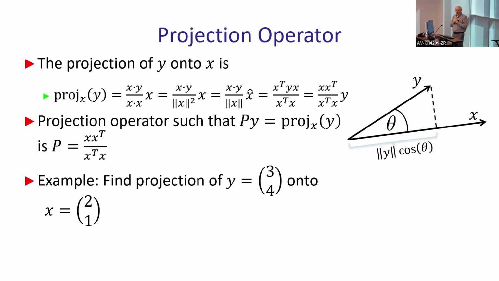You have the associativity rule for that kind of thing. And this is what you will get. So why is this important? Because now I can write the projection operator. I will call it P, and P times y is the projection of y on x. So it's just multiplication of that operator on the vector.